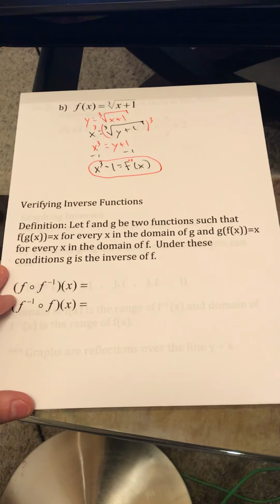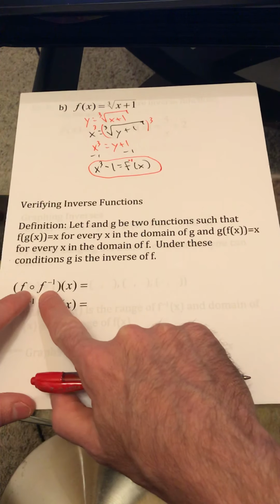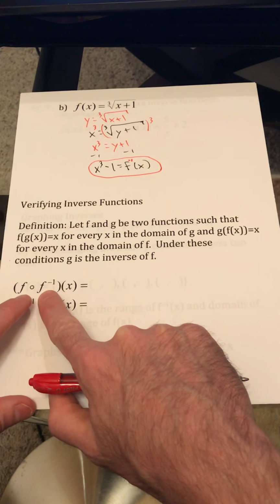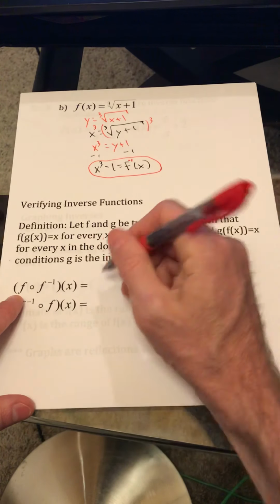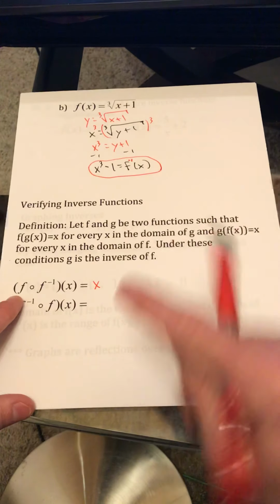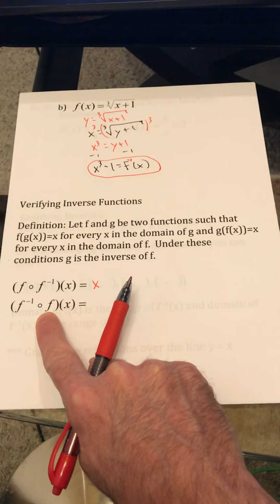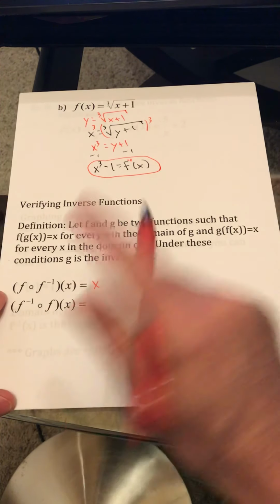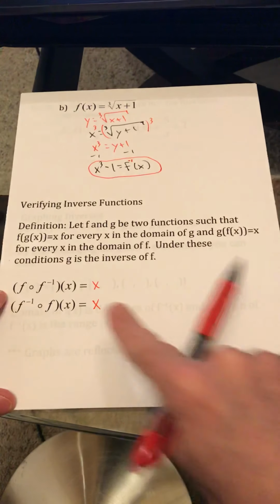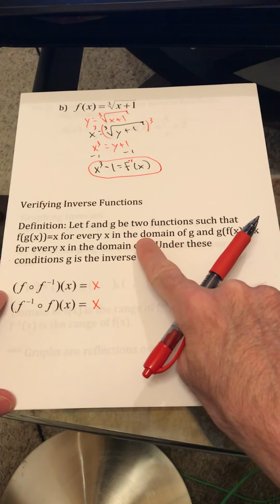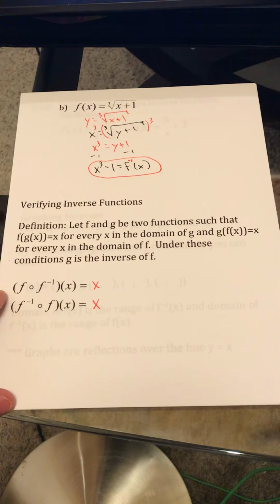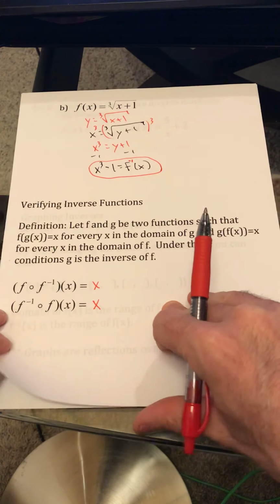What that is basically saying is if you plug the inverse of a function into the original function, it will equal x. And if you plug the original function into the inverse, it will also equal x. That, again, is how you verify that functions actually are inverses.